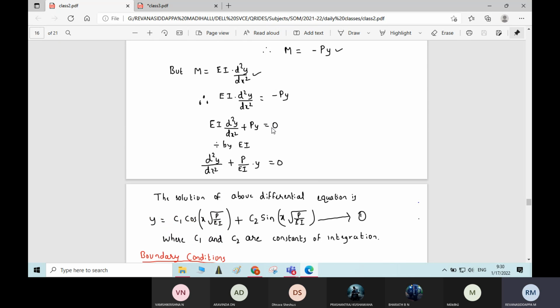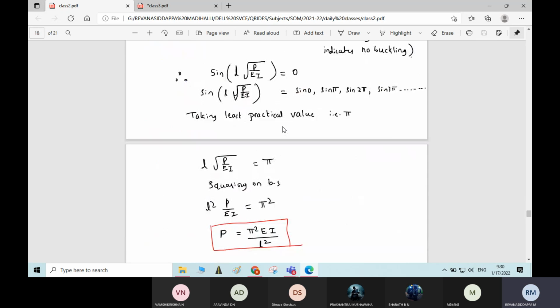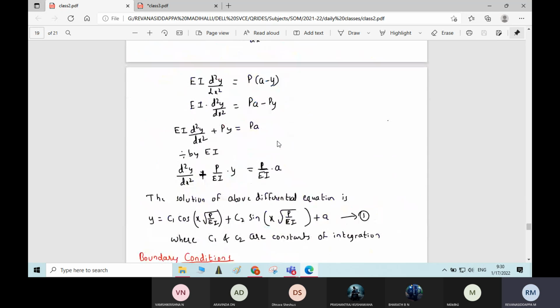In the first derivation you have 0 as the constant at the RHS, but in the second derivation you have P/EI as the constant.